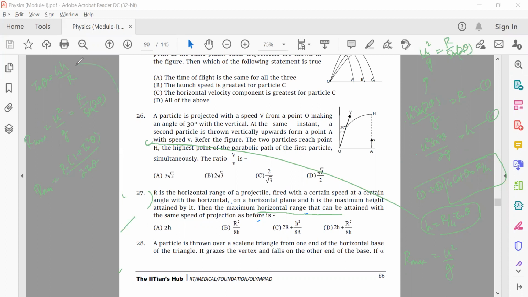Then I can substitute: R into 1 plus 16H square by R square divided by 2 into 4H by R. Now this should give you the answer. This is the answer. Yes, sir.